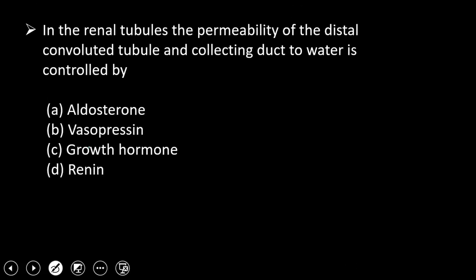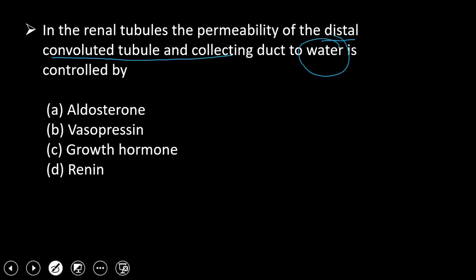Next one: in the renal tubules, the permeability of DCT and collecting duct to water is controlled by. So which component controls the permeability of DCT and collecting duct to water, that is, which component controls the reabsorption of water?